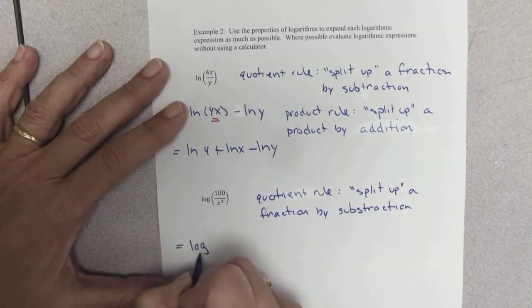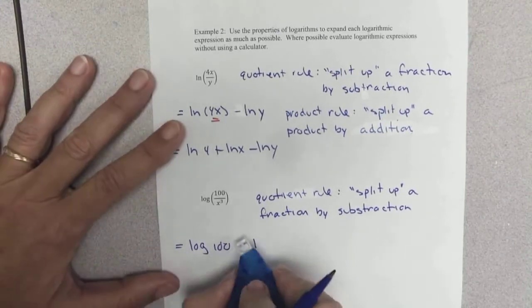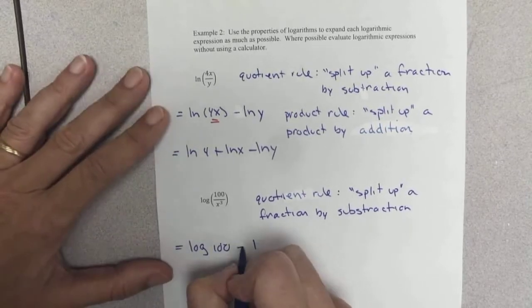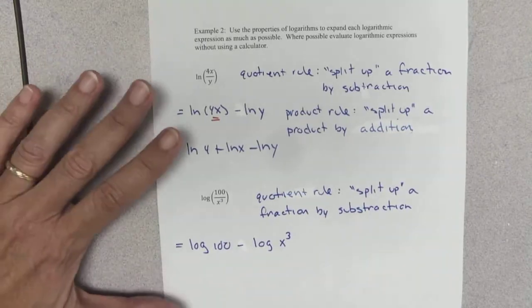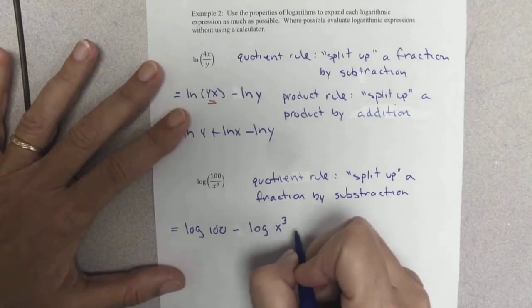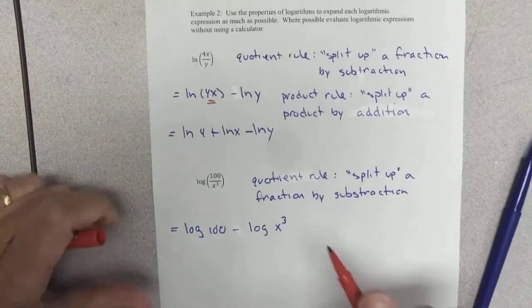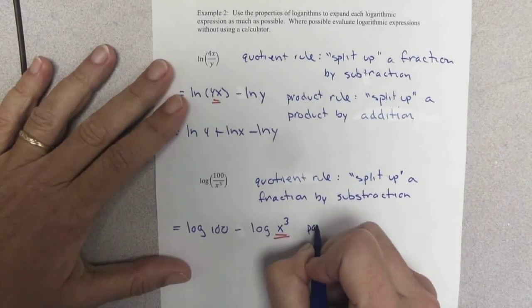And so this becomes log of 100 minus log x cubed. And we're going to do this really one very small step at a time. Then I'm going to look right here at this argument, and we get the power rule.